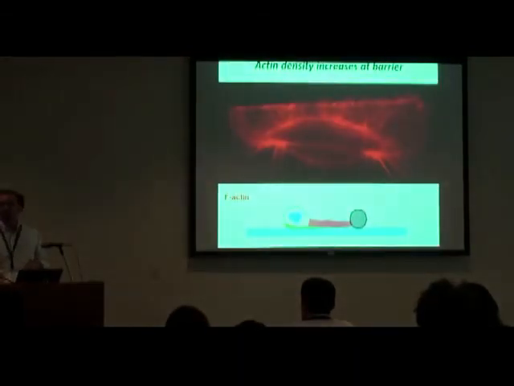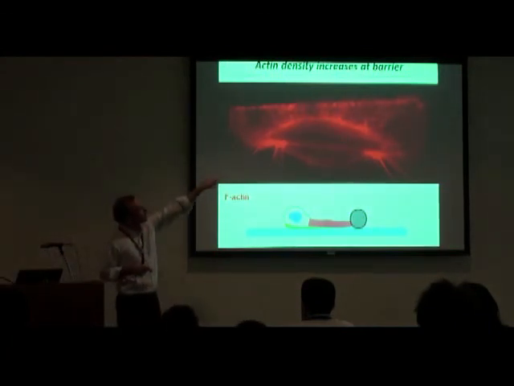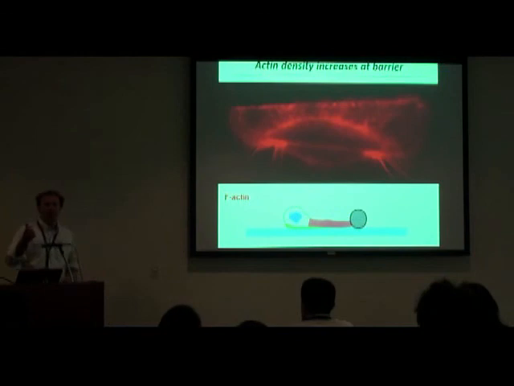And if we then do a phalloidin labeling of the actin, you can see that there's this line of increased density at the leading edge. So it seems like the idea that increased density occurs due to mechanical interactions seems to be true in at least these cells. So I think I'll end there and be happy to answer any questions.